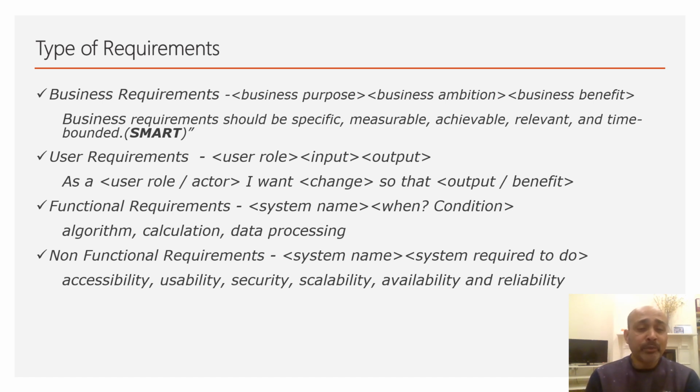Non-functional requirement, as we have already discussed, covers accessibility, usability, security, scalability, availability, and reliability. All these things are attributes of a system altogether: how the system behaves when your new requirement puts some load on it or new functionalities come in.